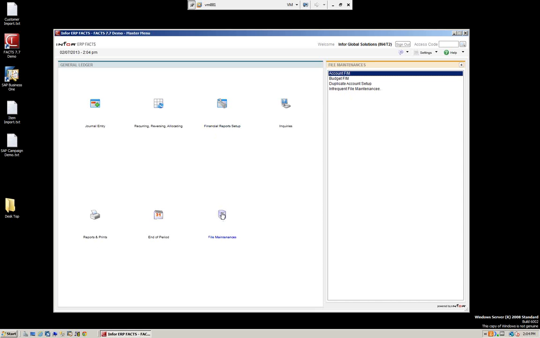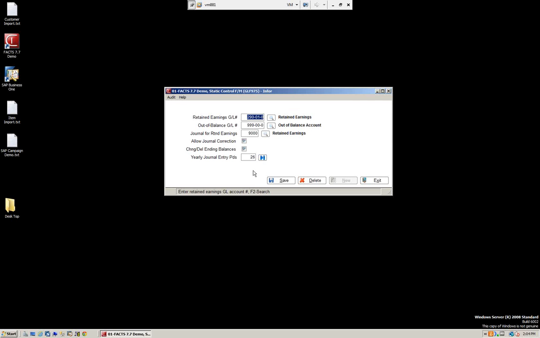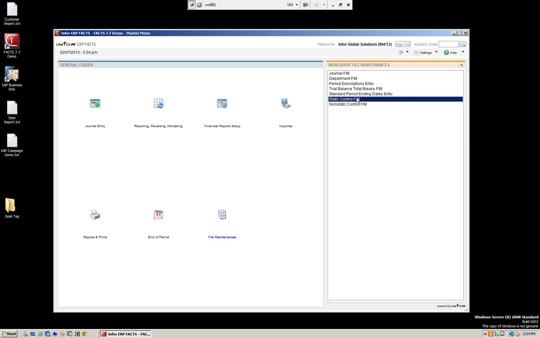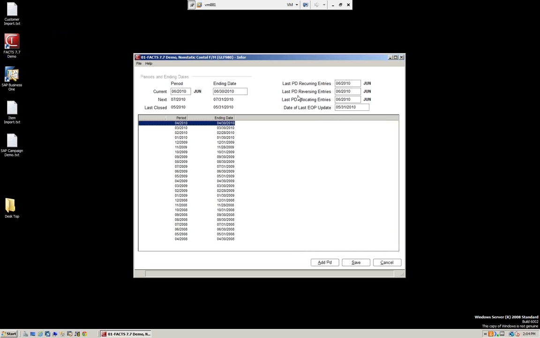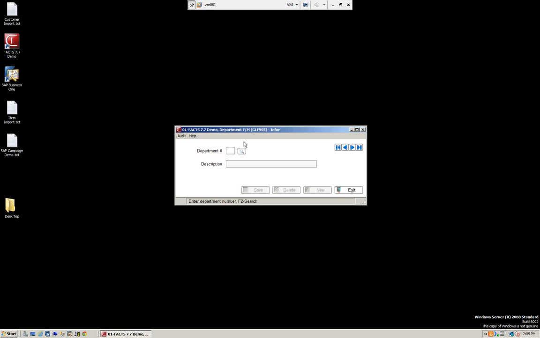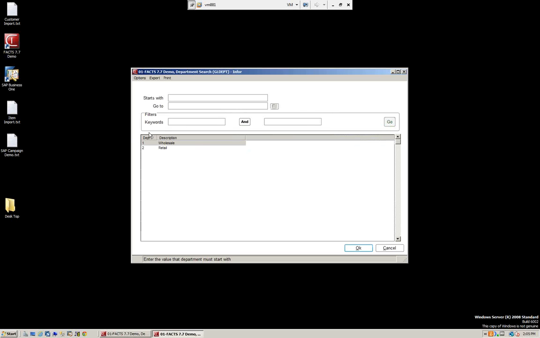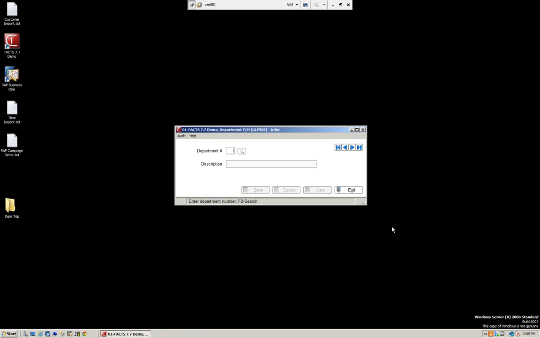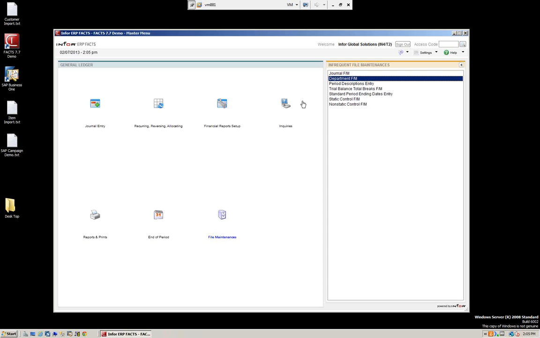If we go to our infrequent file maintenance, we can see here the information, and you can see we have branches in the GL accounts, and we have a department set up. So we have our departments and branches set up in the system. Okay, so we can see that. So let's go here to the financial report setup.